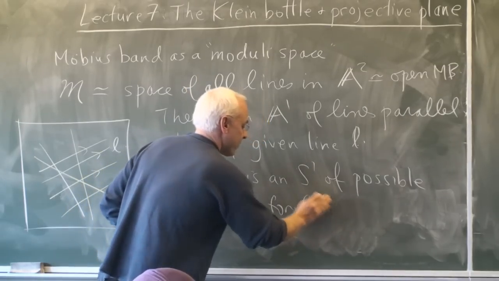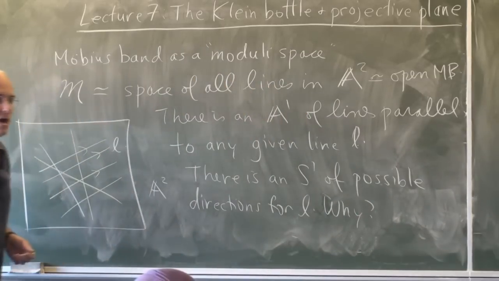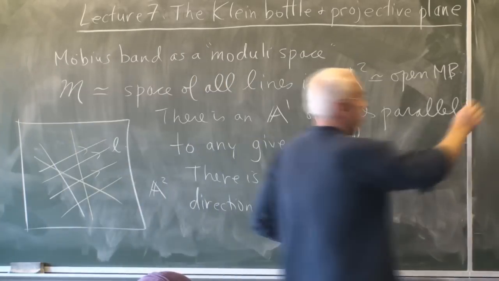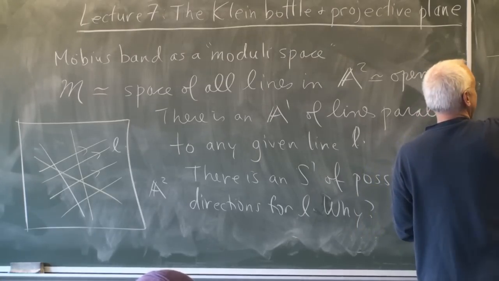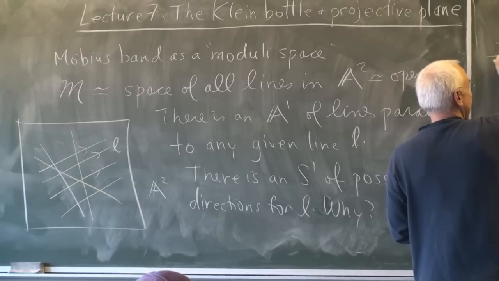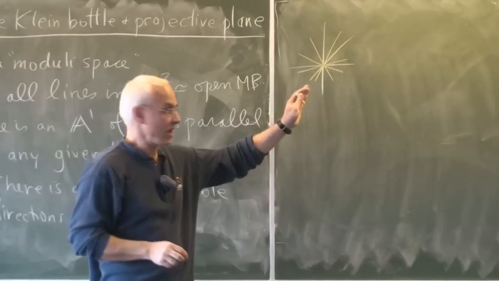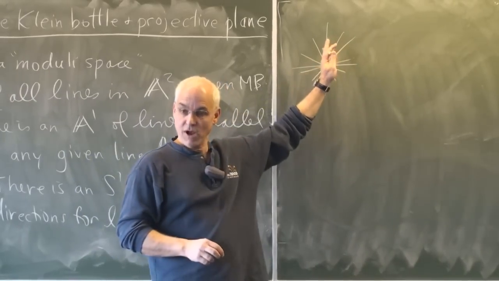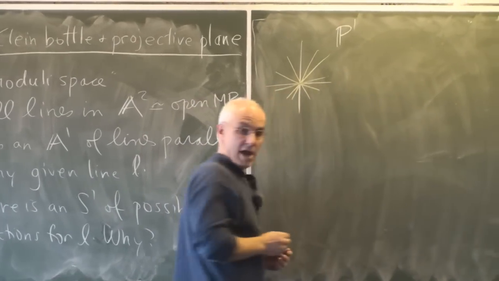Why is that? I have to remind you that the space of all possible directions in the plane is what we called the projective line. All possible directions are represented by all possible one-dimensional subspaces, and that was what we called the projective line.